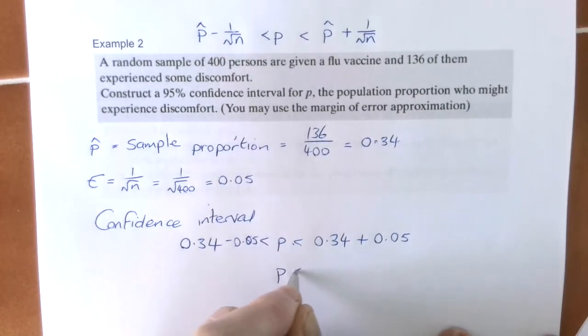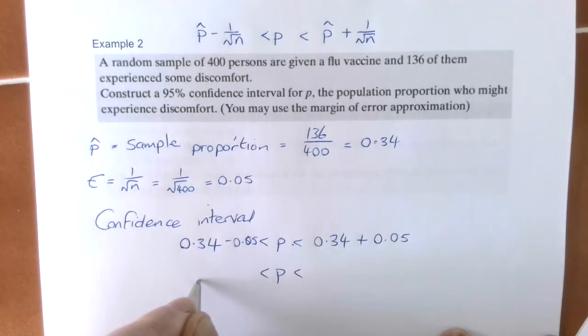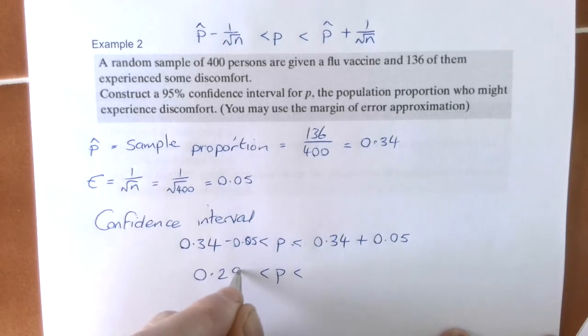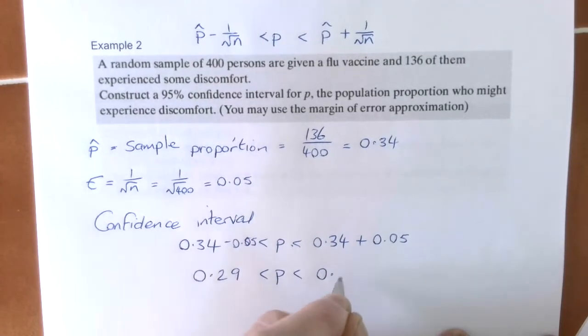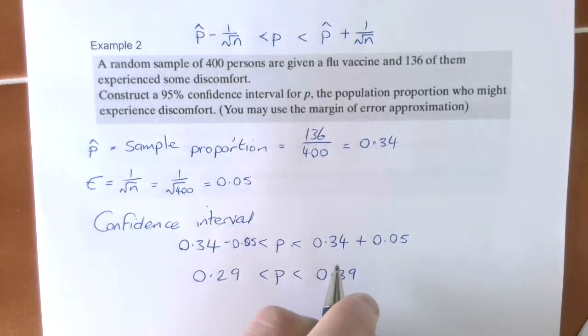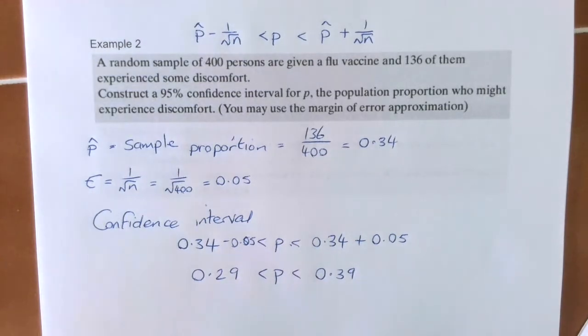So at the end, we can see that it's going to be between 0.29 and 0.39. So what that means is, this confidence interval is going to work 95% of the time, between 29 and 39% of people are going to experience some discomfort from this flu vaccine.